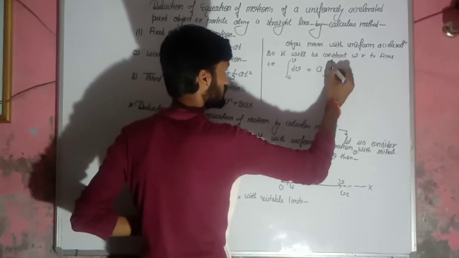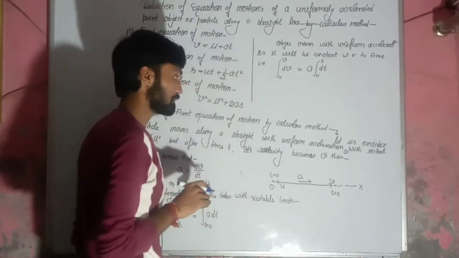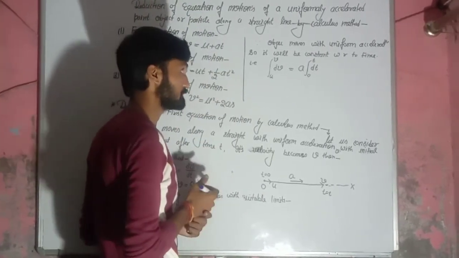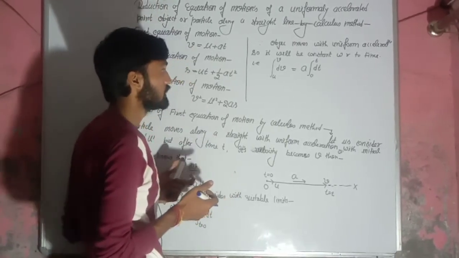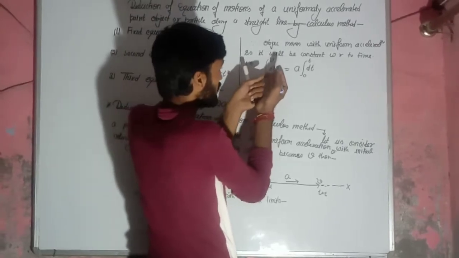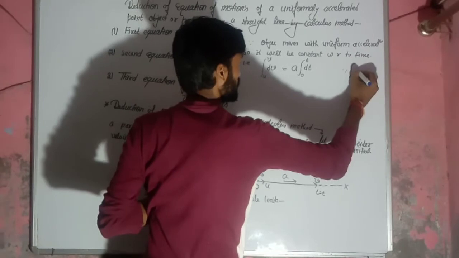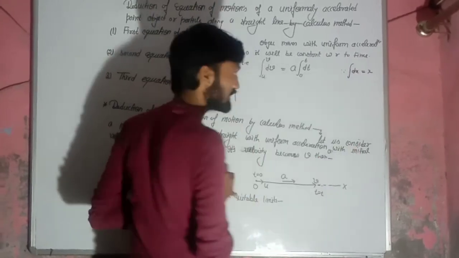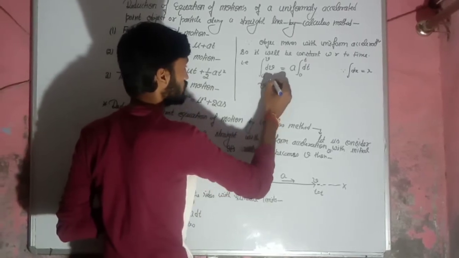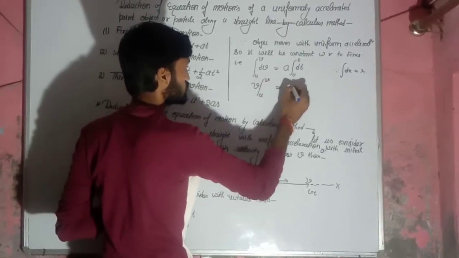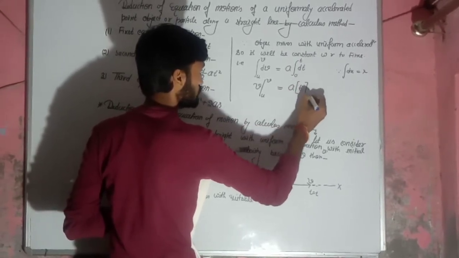Now you know very well I taught you that the integration of dx is equal to x. Now here this will be v, with limits from u to v, and this equals a times t, with limits from 0 to t.